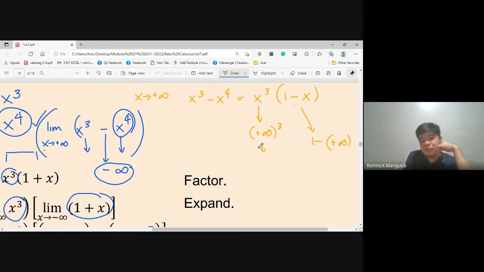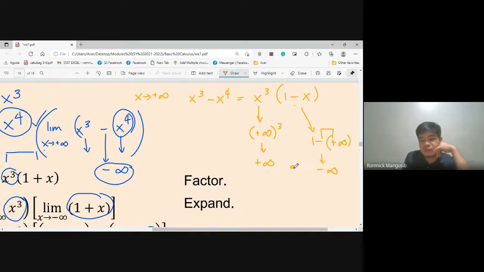Positive infinity lang naman ang base mo for whatever is the exponent, then that remains to be positive. Either that's odd or even, positive integer, integral exponent. Okay, so ito naman, negative times positive is negative infinity.